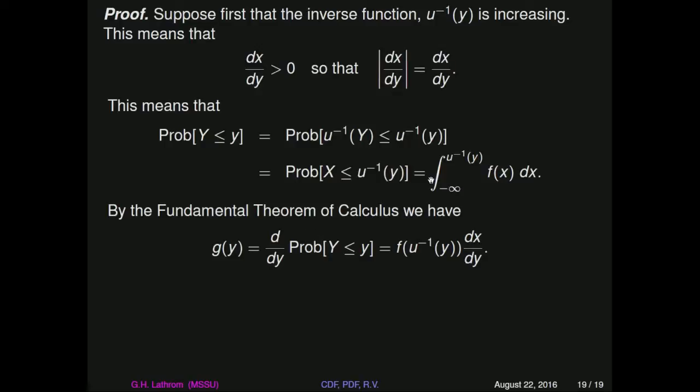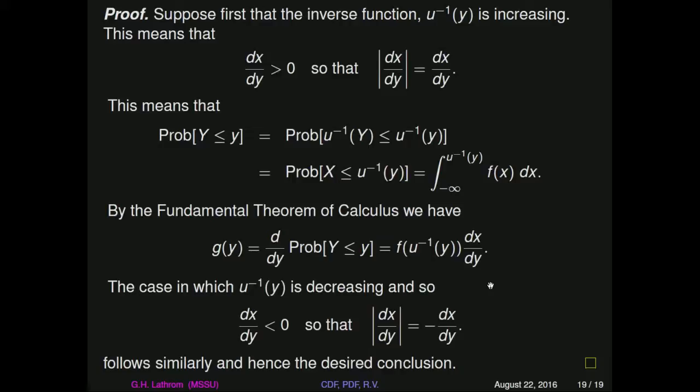If we take the derivative of this, we get the derivative of the outside function, which is the integrand. That's our fundamental theorem of calculus. Keep the inside function the same, so f of u inverse of y, times the derivative of the inside function. The derivative of the inside function is the derivative of the inverse, and so we get our values.